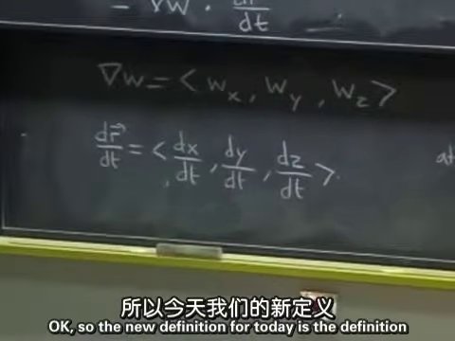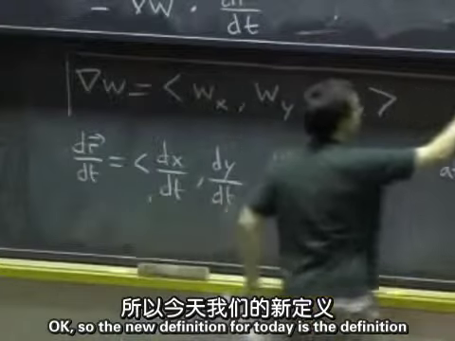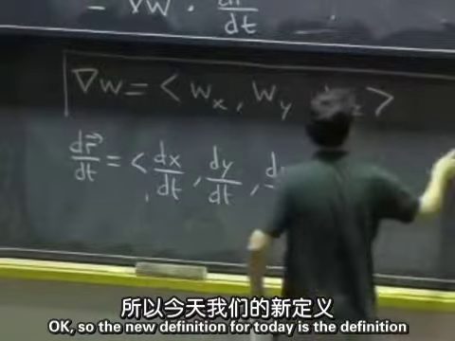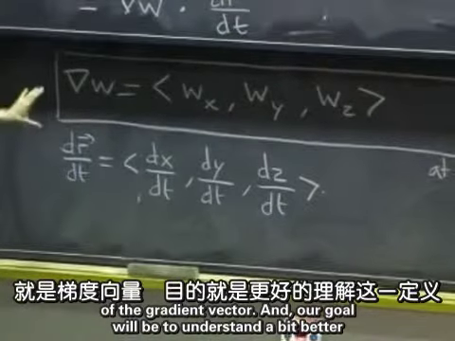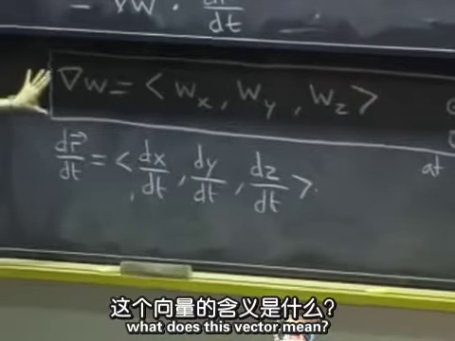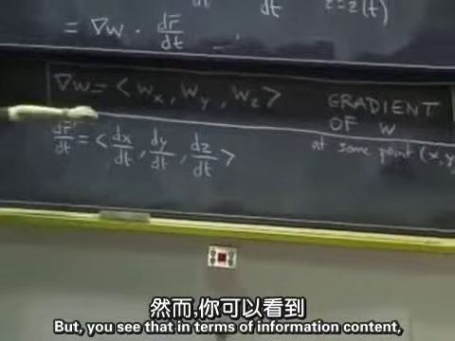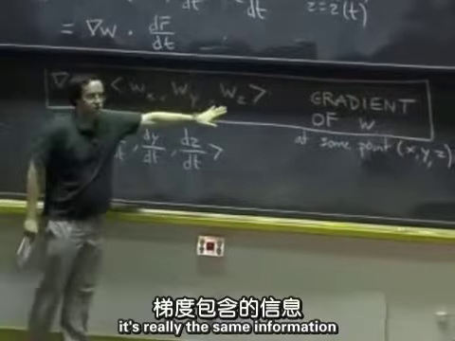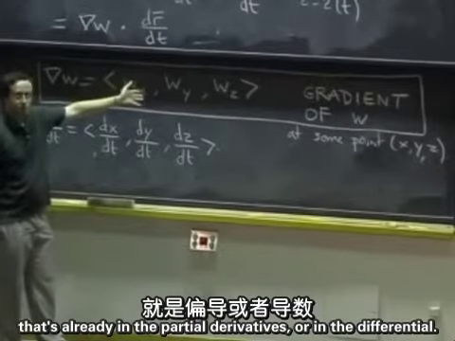Okay, so the new definition for today is the definition of a gradient vector, and our goal will be to understand a bit better what this vector means, what it measures, and what we can do with it. But you see that in terms of information content, it's really the same information that's already in the partial derivatives or in the differential.